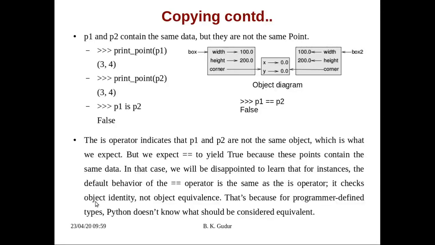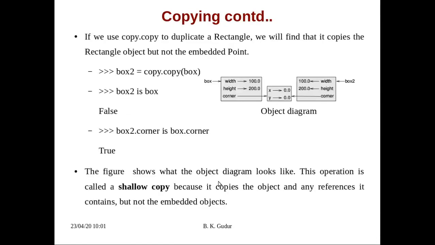It checks object identity, not object equivalence. That's because the programmer defined the types. We have not defined in the class how the equality operator should be treated. Python doesn't know what should be considered equivalent in that particular class.